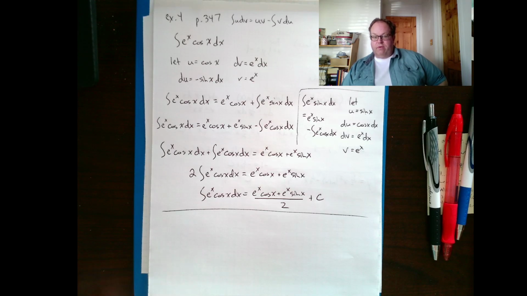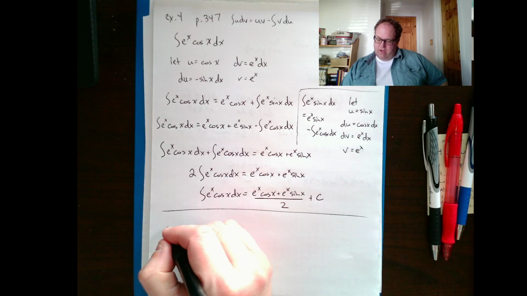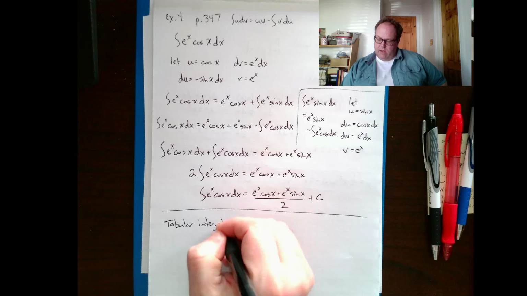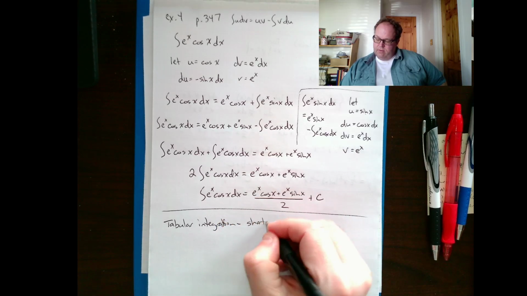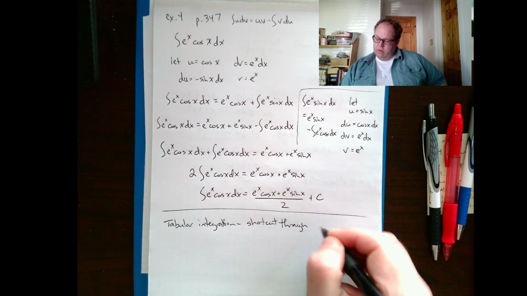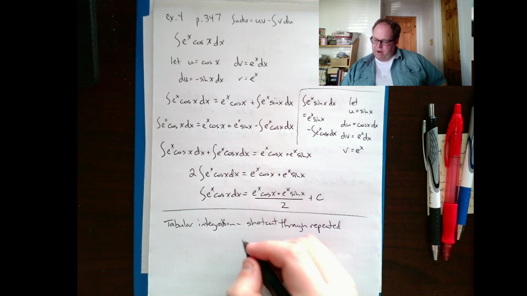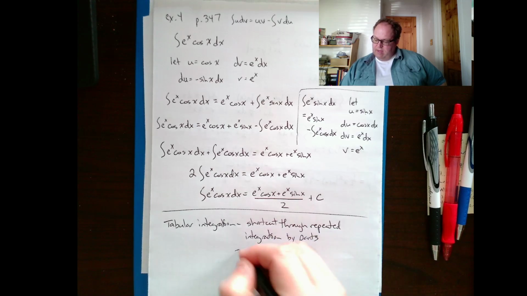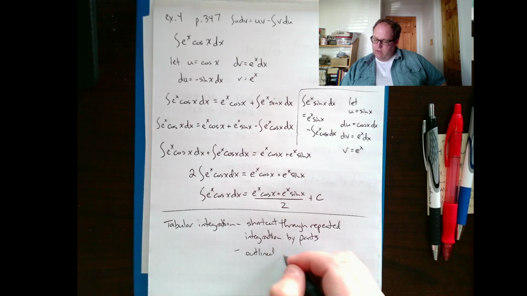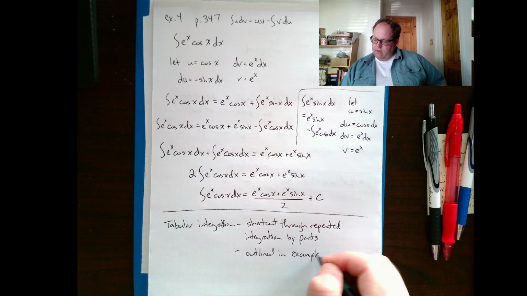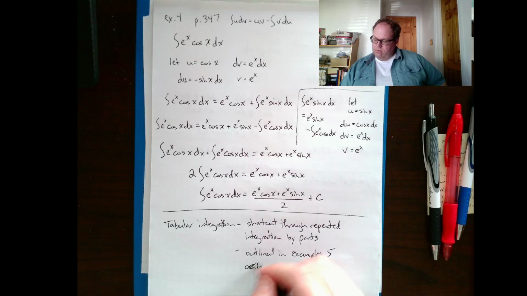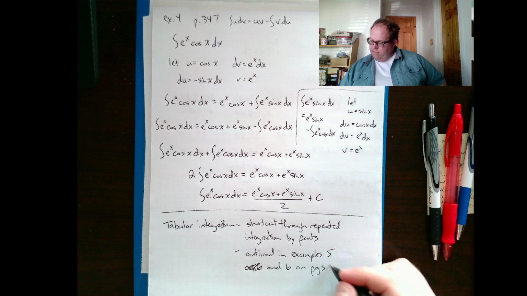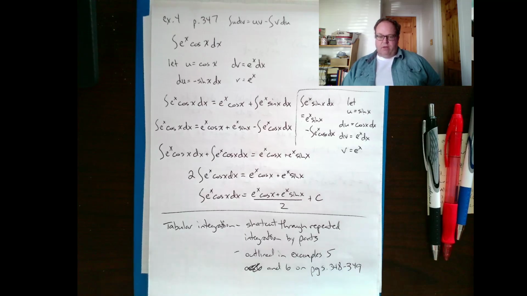It is just a shortcut through what we've talked about before, but if anybody wants to read up on it, that's tabular integration, which is a shortcut through repeated integration by parts, and it is outlined in examples 5 and 6 on pages 348, 349. If anybody wants to go a little further with that.